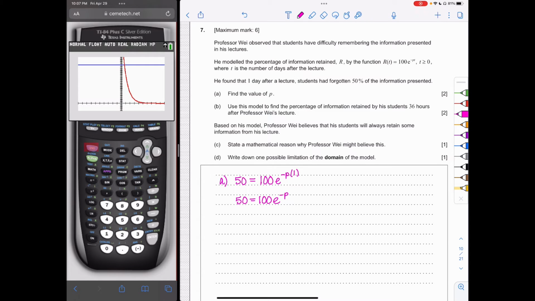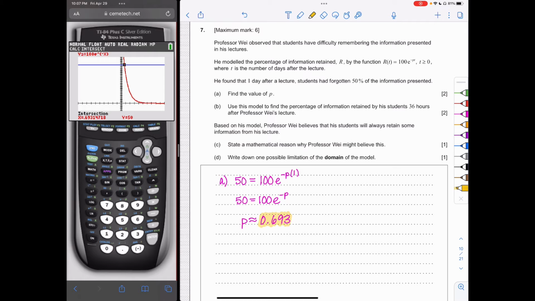So now I can press second trace, go to number 5, and get as close to the intersection as possible. Then I press enter 3 times. So I end up getting that P is approximately 0.693. So that is the value of P.